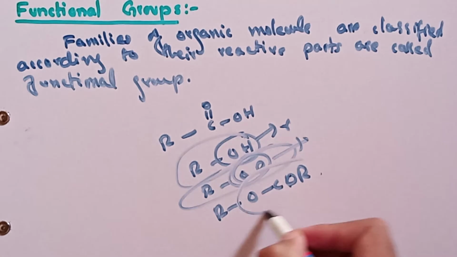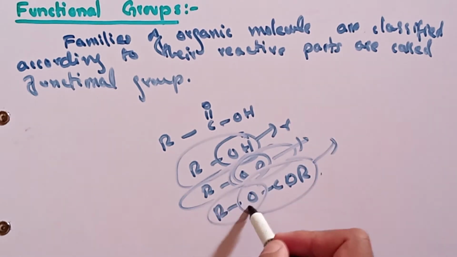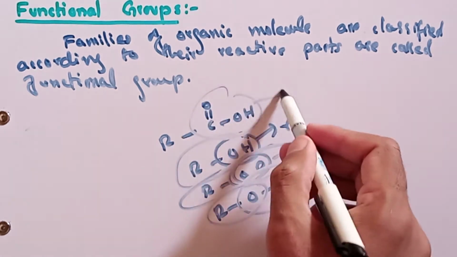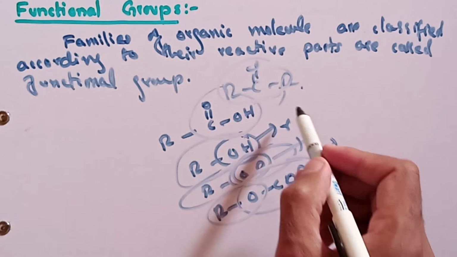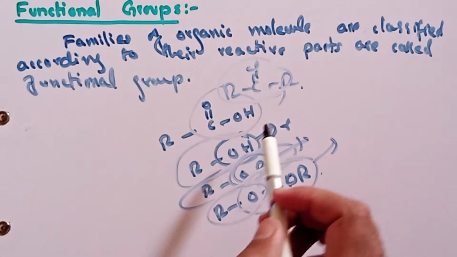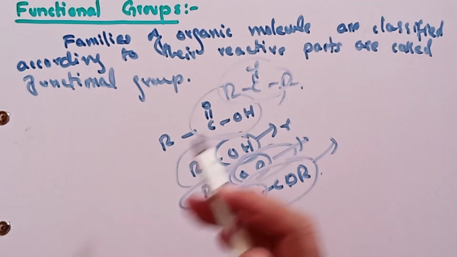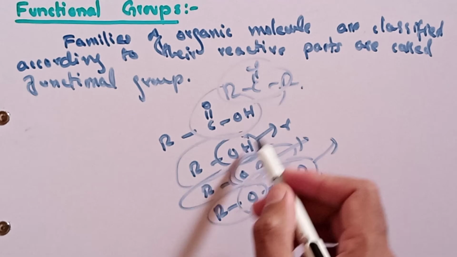This is the reactive part of this molecule, and this is the reactive part of that organic molecule. Based on the reactive part, you can classify organic molecules into different families. This family, that family, is called functional groups.